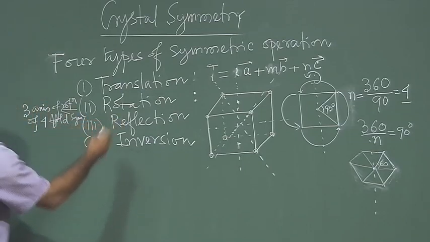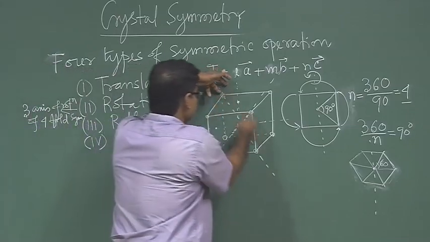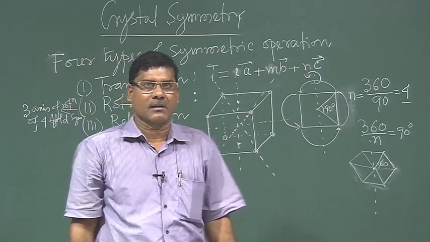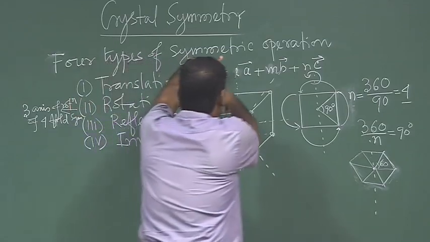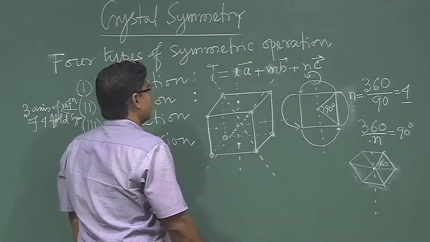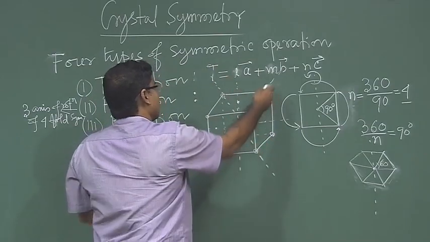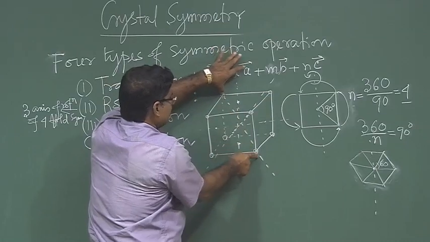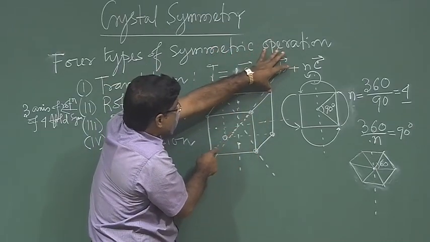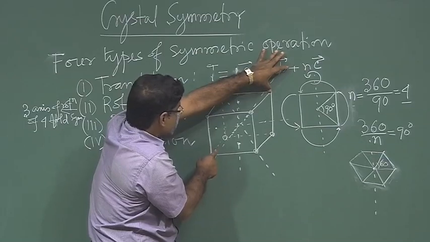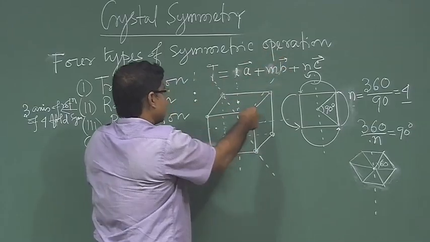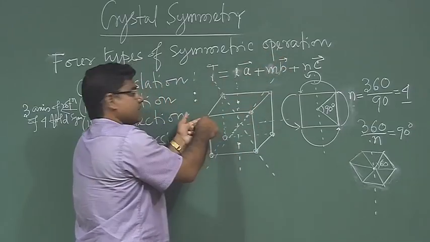Okay. And then you will have this type of axis passing along the diagonal. So, how many can we have? This one, and then this and this other side, this and this other side. I think these two. Then similarly this and the other side.